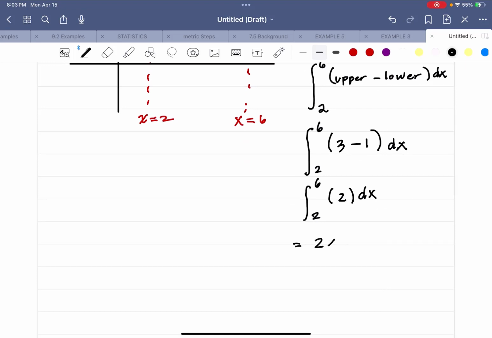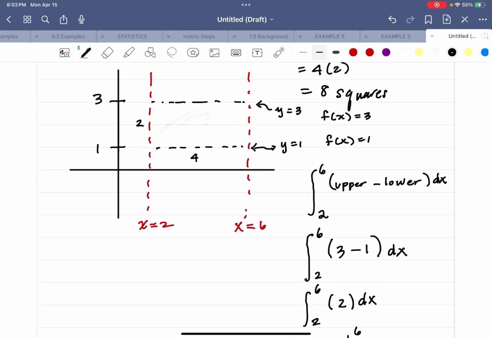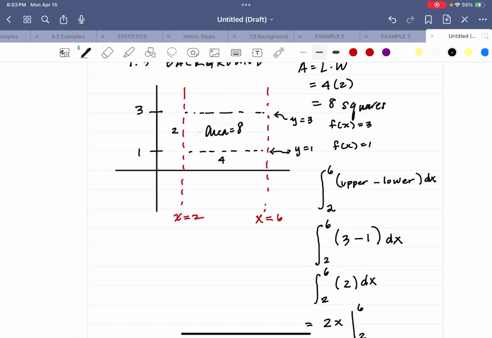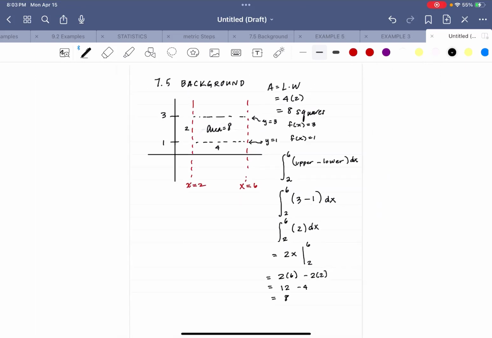And that means 2x evaluated first at 6 and then at 2. So 2 times 6 minus 2 times 2 is 12 minus 4, which gives us an area of 8, exactly what we knew it would be. And again, of course you won't do this when you have a regular shape. But we don't have regular shapes, and that's what the calculus is good for.